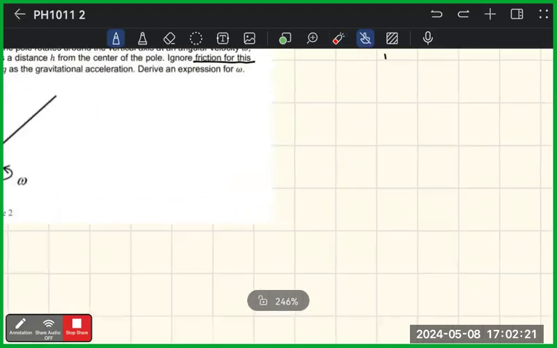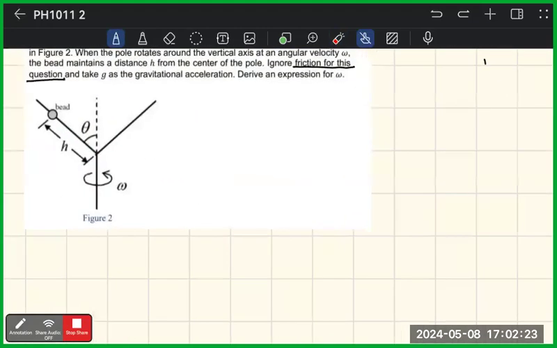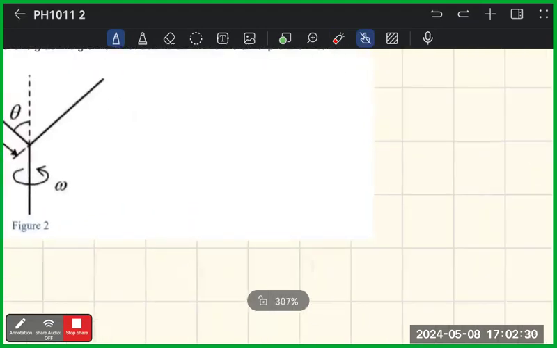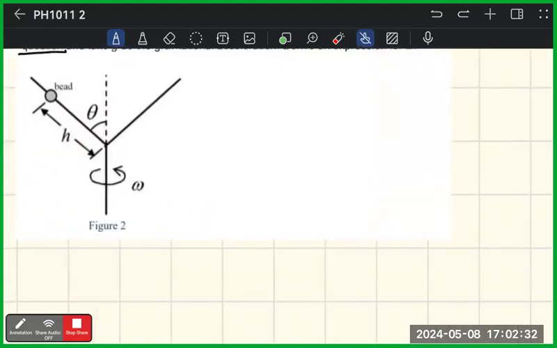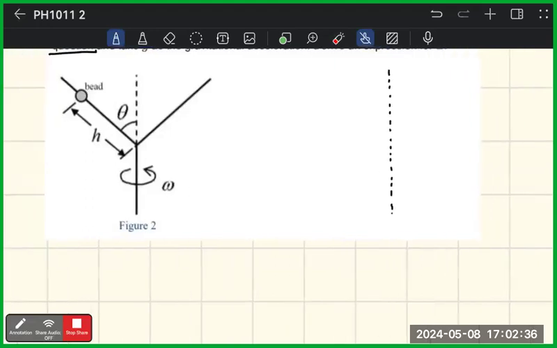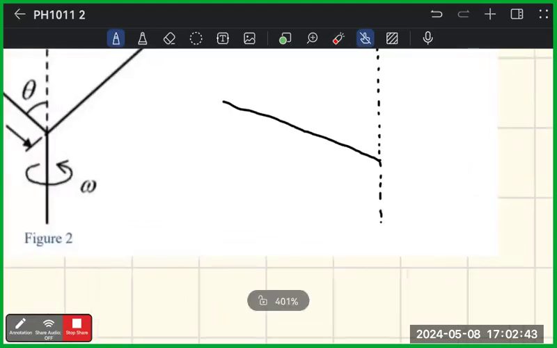My advice is to draw it either very small or very big. In the past tutoring session, I used a very small angle, and for this session, let's use a very big angle. Okay, like this.